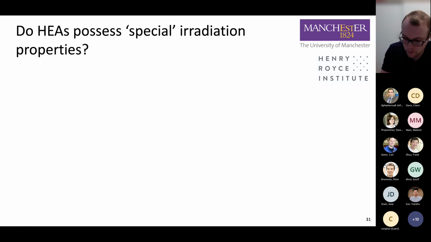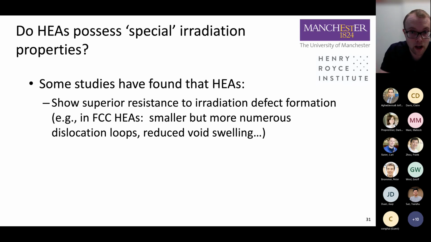So a number of people in the past few years have been asking the question, do high-entropy alloys possess special irradiation properties? So do they possess properties that are more special than other conventional alloys? And there are some studies that have found that high-entropy alloys show superior resistance to irradiation defect formation.